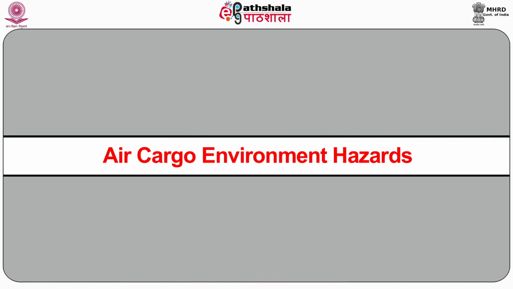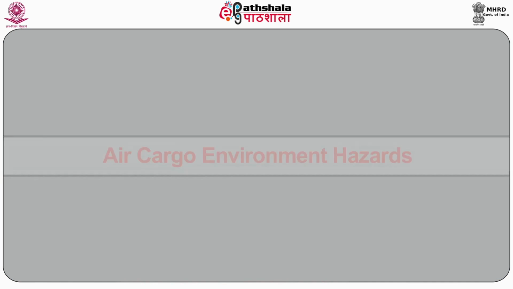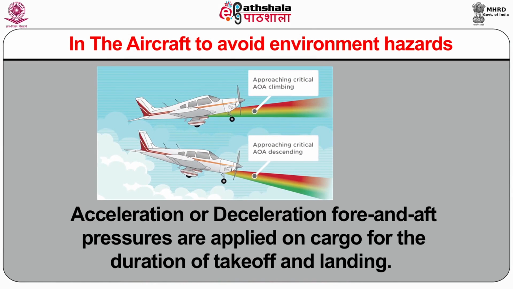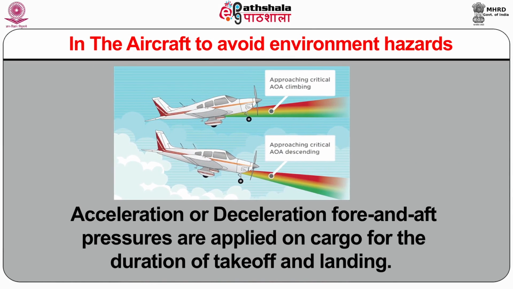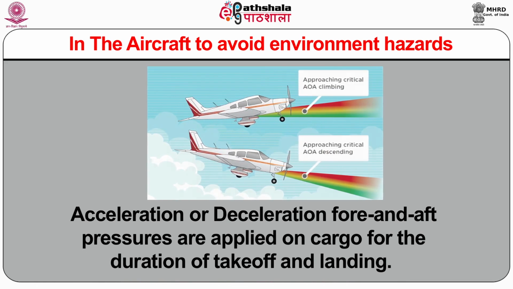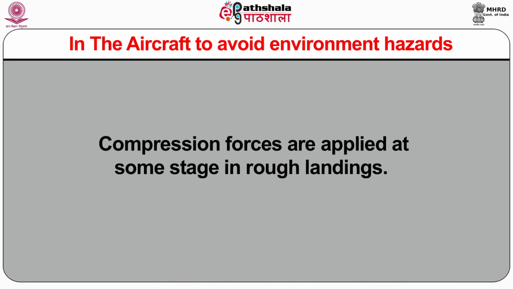Now I will discuss air cargo environment hazards. Firstly, in the aircraft, acceleration or deceleration, fore and aft pressures are applied on cargo for the duration of takeoff and landing. Compression forces are applied during rough landings.